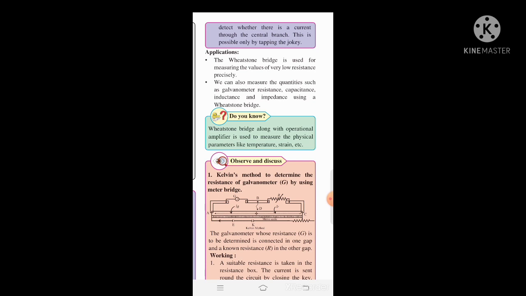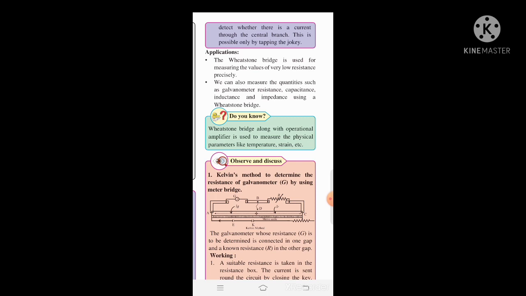That is one of the applications of the meter bridge, used to determine an unknown resistance, which is the resistance of the galvanometer, denoted by the symbol capital G. So that is the circuit diagram of Kelvin's method.